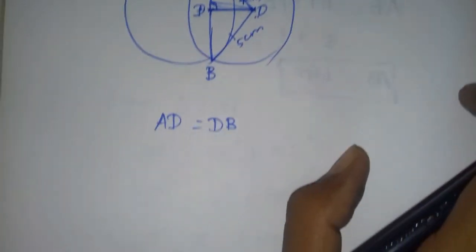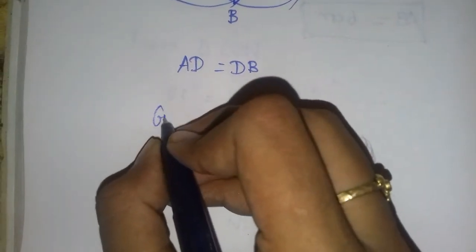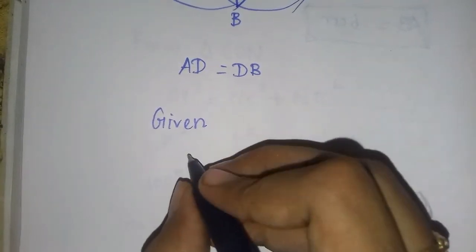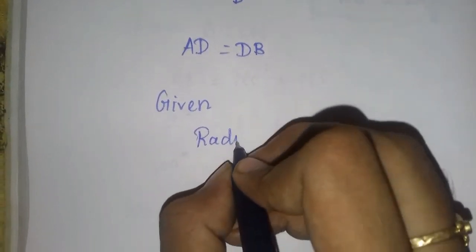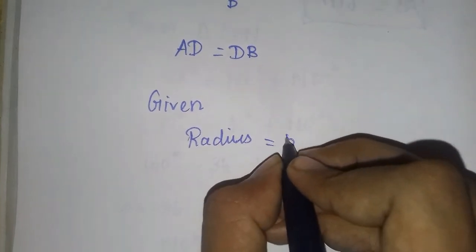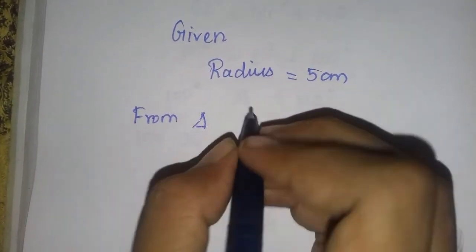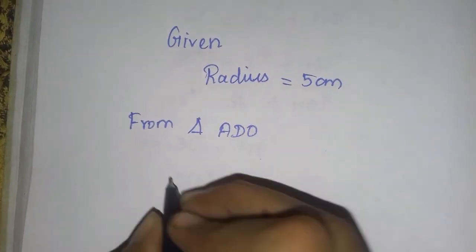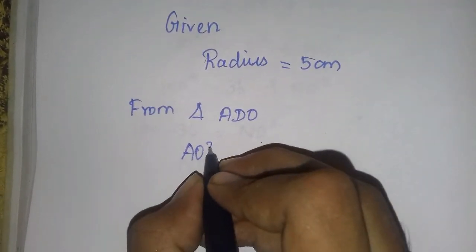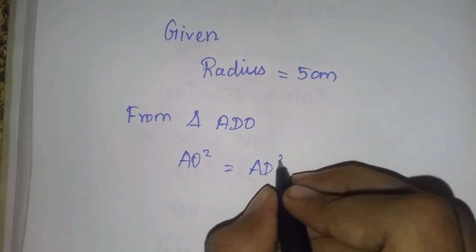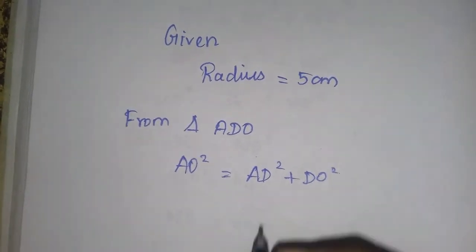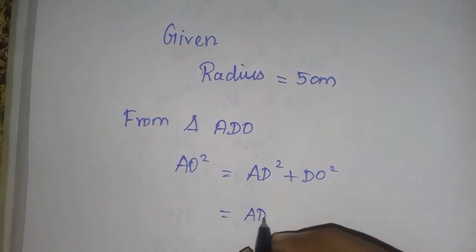Okay, now let's proceed. What are the things given? Radius is 5 centimeter. From triangle ADO, AO square is equal to AD square plus DO square. AD square should be found out by us.